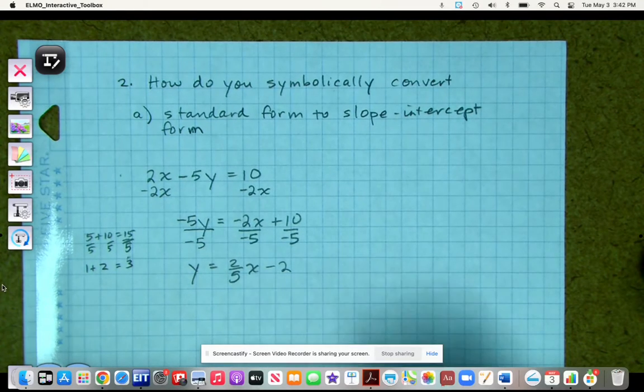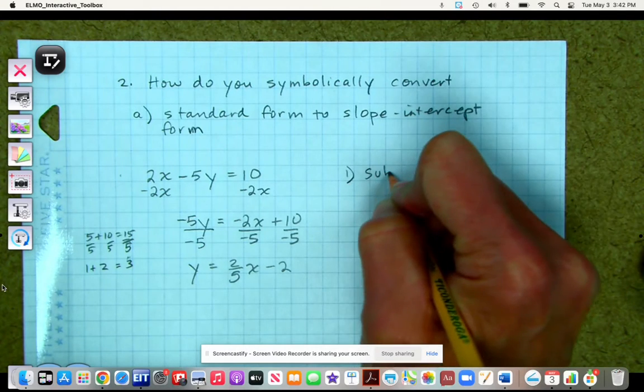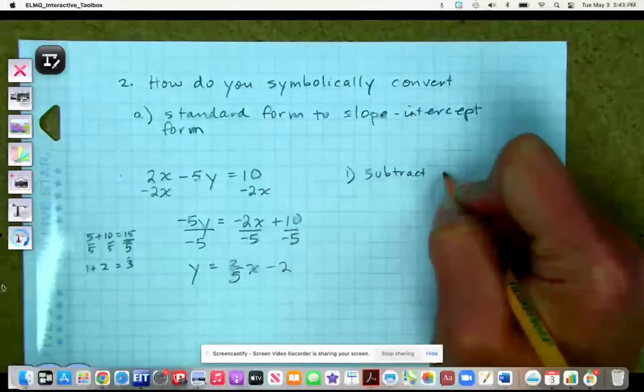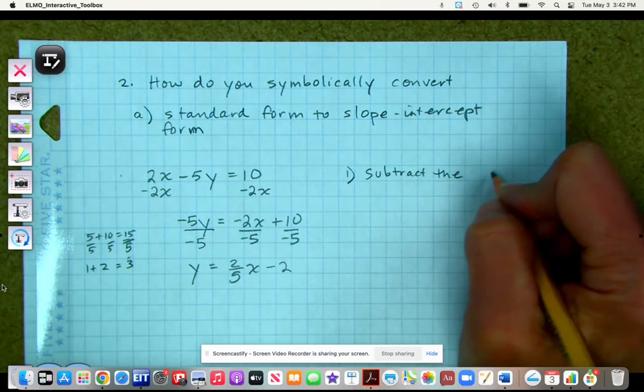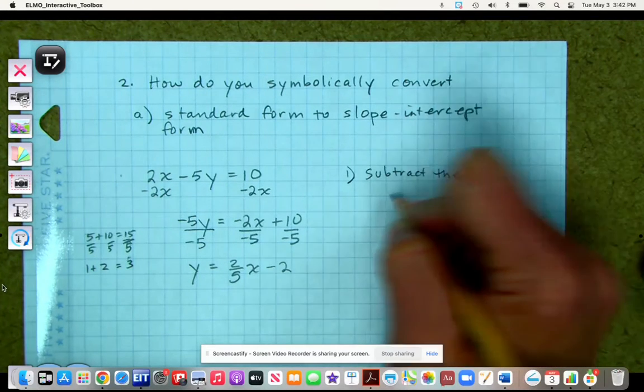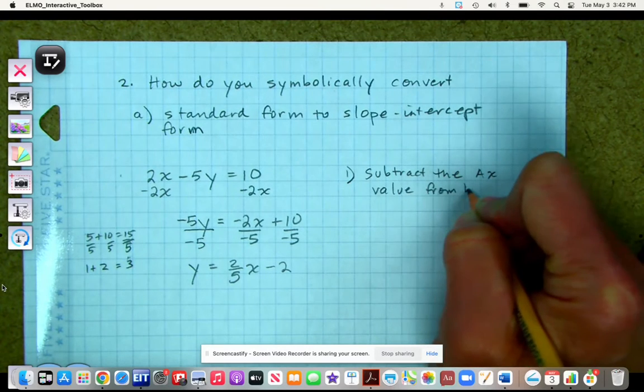Okay, so basically what was my strategy? The first thing you're going to do is subtract the ax value from both sides.